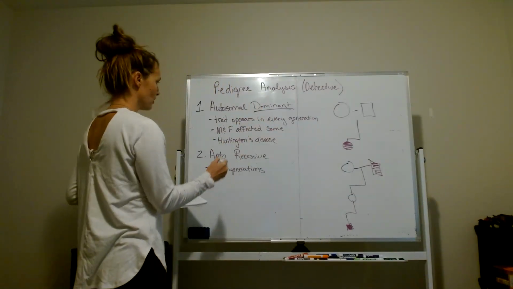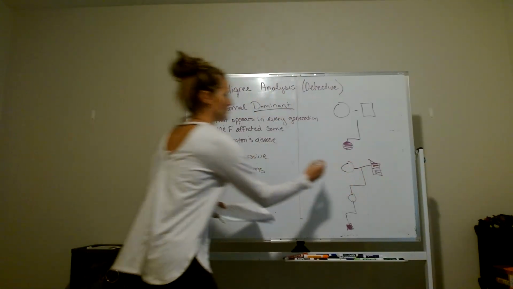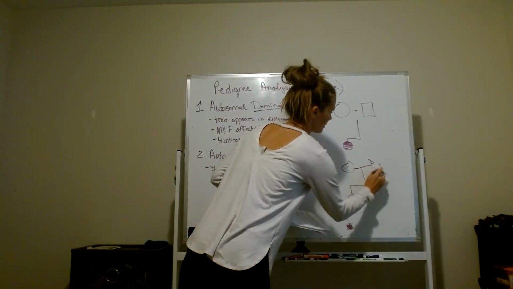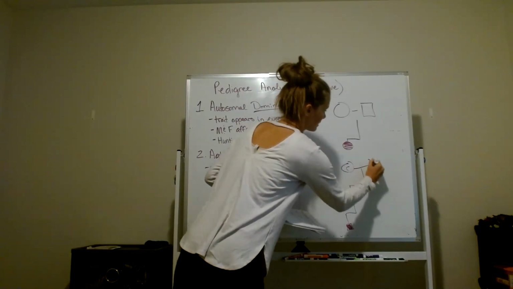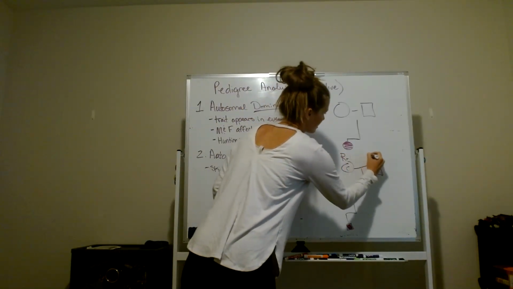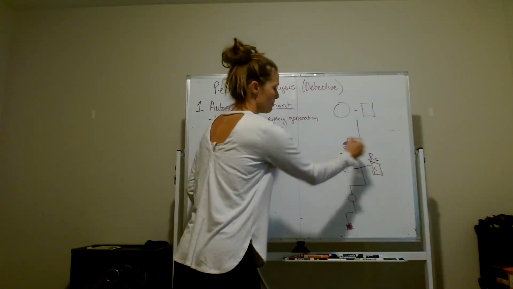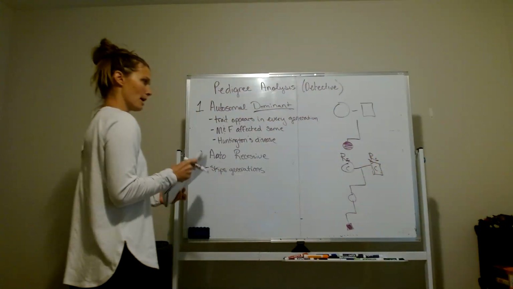It's just that both parents have to be carriers. So they are carriers of the trait. So a carrier and a carrier of the trait. So let's say R. There's our trait. It's recessive, passed on, skips a generation.